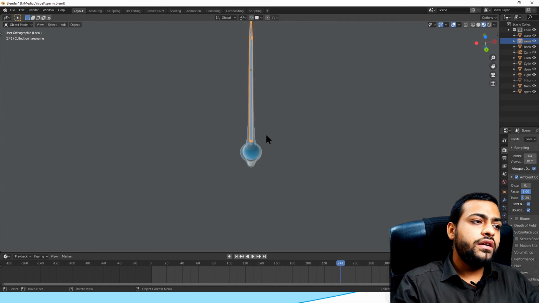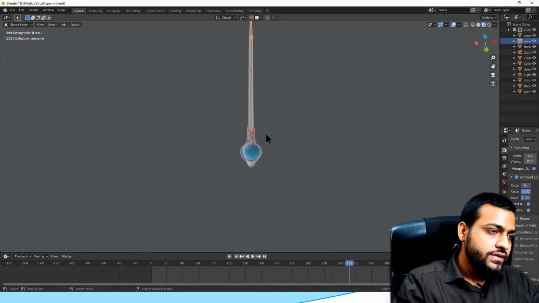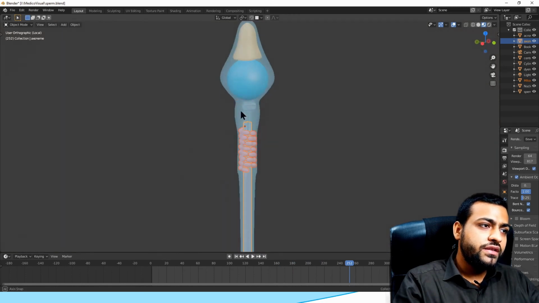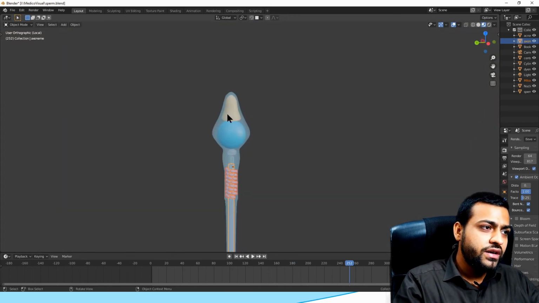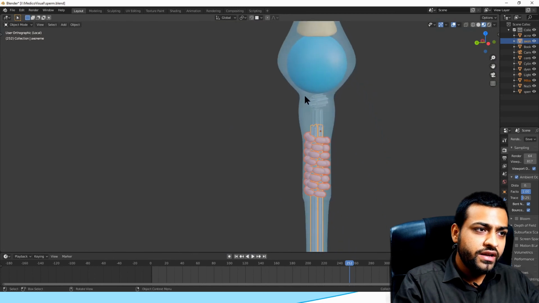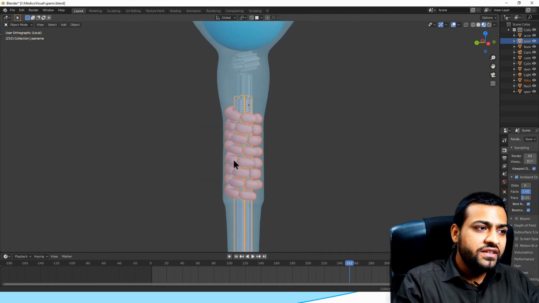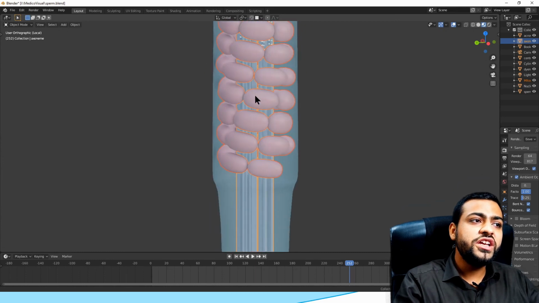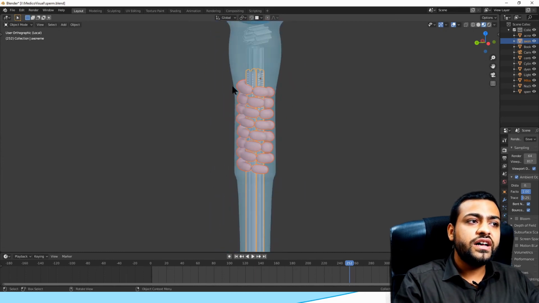And now we have, what is this? This is a complete spermatozoa. So what is the structure of a complete spermatozoa? This is acrosome, this is nucleus, this is centriole, and this is flagellum, and the spirally arranged mitochondrial sheath that surrounds the base.